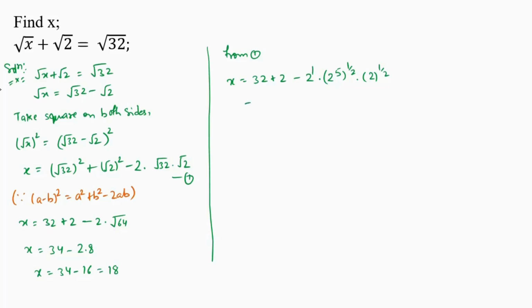So on solving this further, we get 32 plus 2 equals 34 minus 2 raised to power 1 plus 5 by 2 plus 1 by 2.